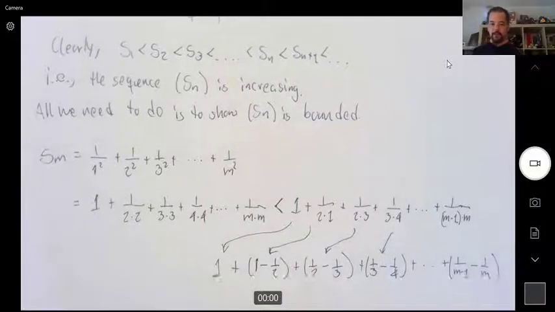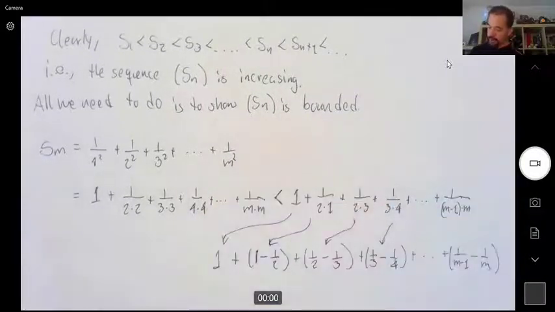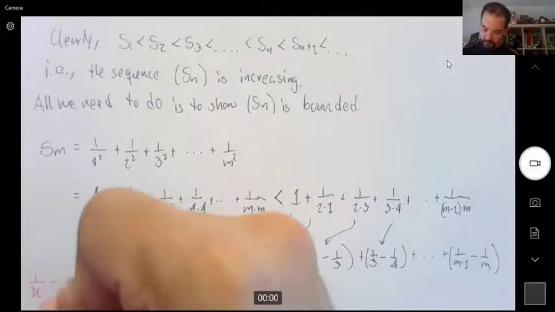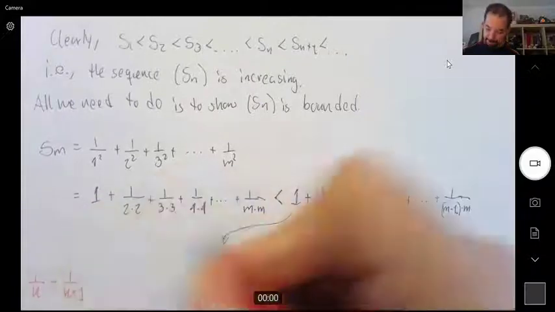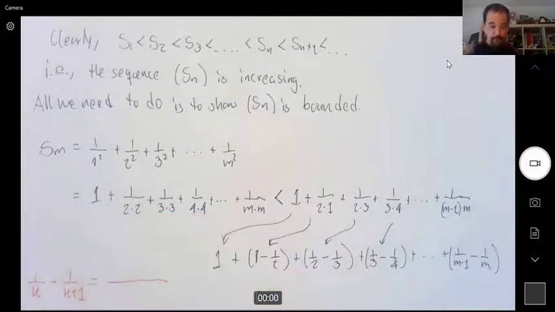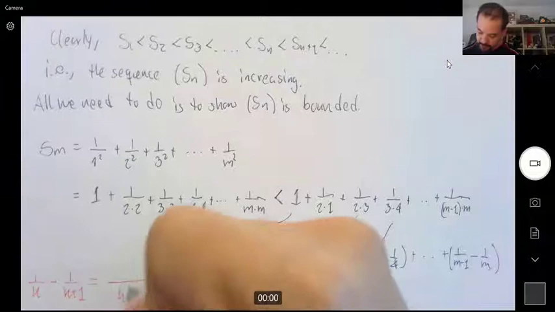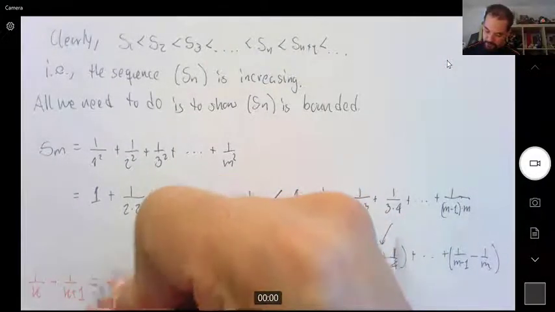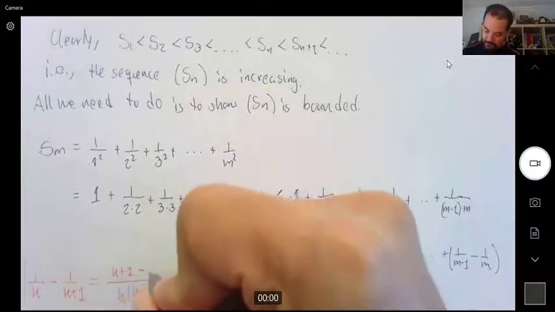Why is that? Well, it's true because of the following. What happens when you do 1 over k minus 1 over k plus 1? You do a common denominator, which will be k times k plus 1. Then this one will be k plus 1, and this one will be negative k.